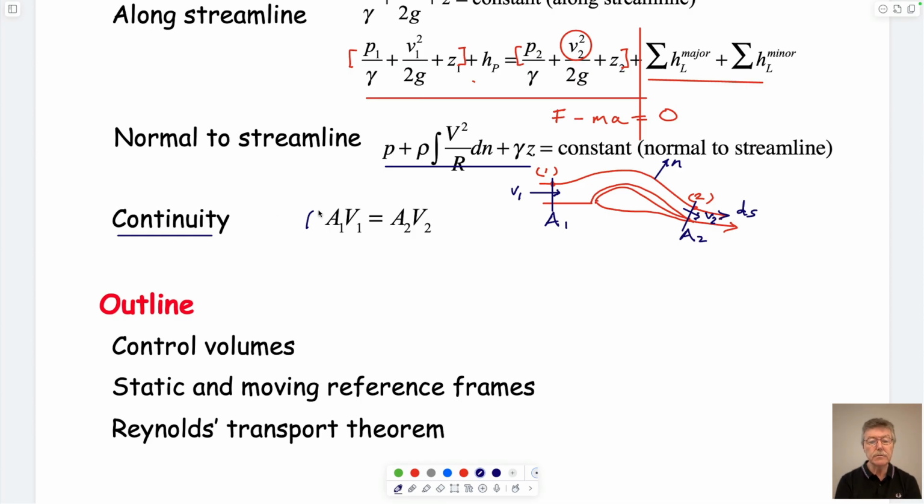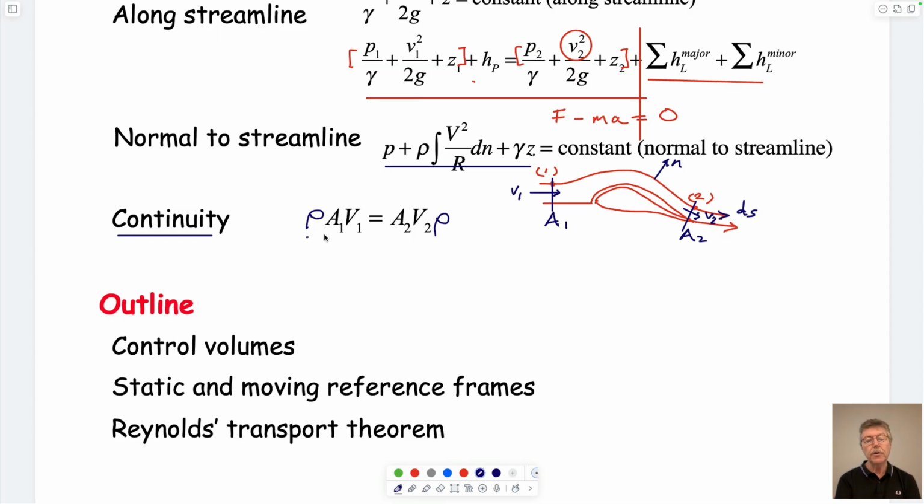Actually, they have to equal the density of the fluid as well. Typically, because it's incompressible, the density upstream is the same as the density downstream. Even with air, we said that we shouldn't use it for compressible fluids, but it actually works quite well. This is what we call our continuity equation.